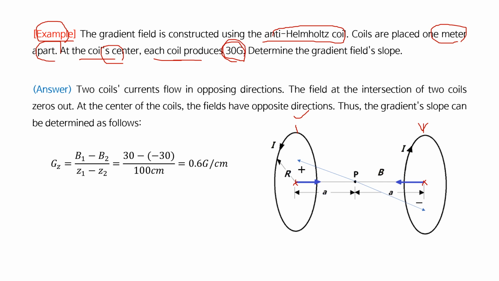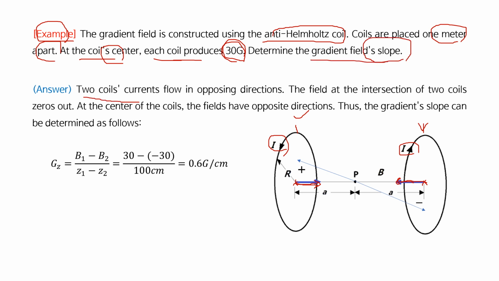So for this coil, the direction of the field produced is this direction, and here the field and current directions are different. So at this center here, the direction of the field is in this direction. Determine the gradient field slope.